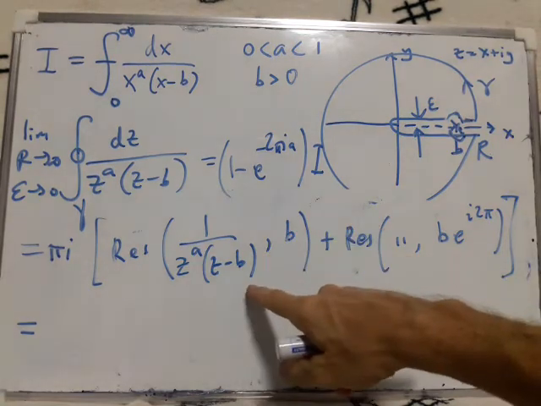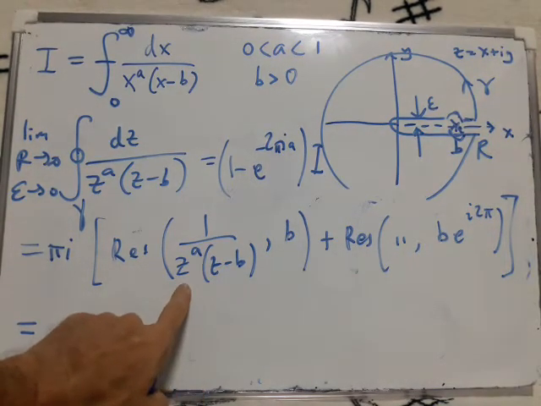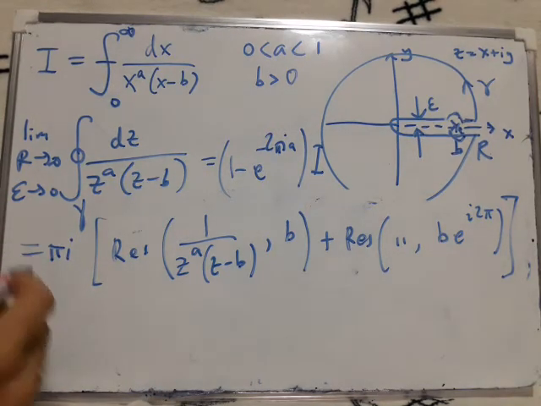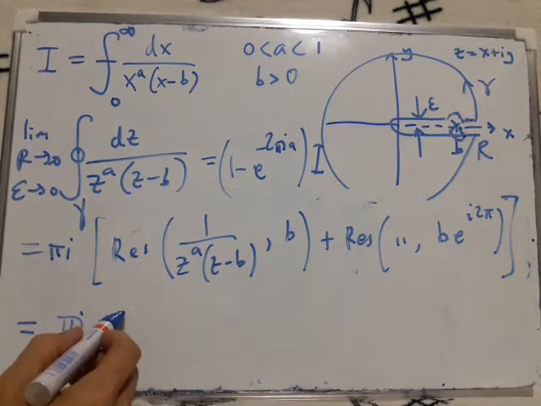So here we just get a residue of b to the a, or 1 over b to the a.